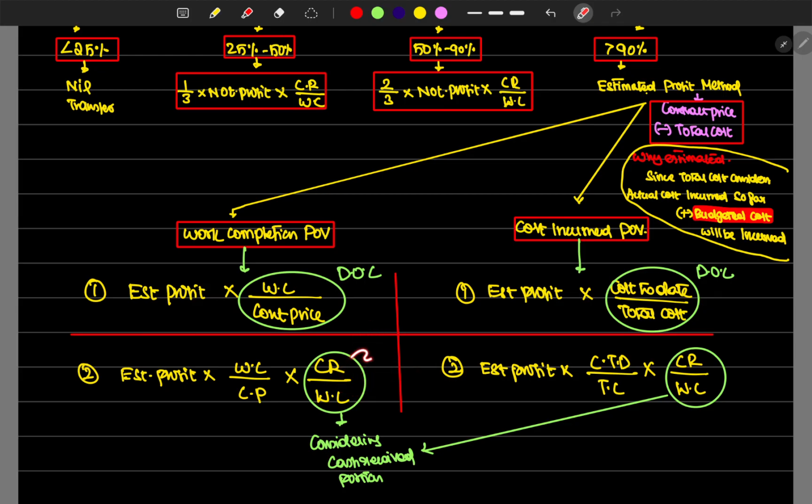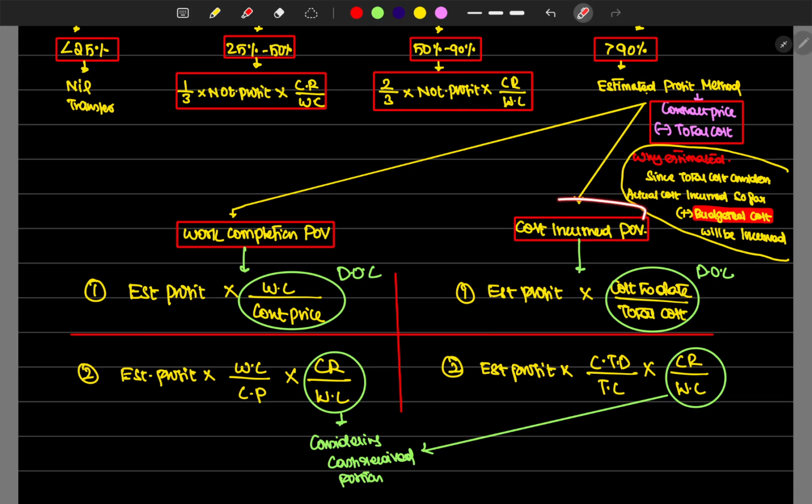That's most important, that we have to consider. This is the most fair and correct method of taking the profit to the P&L account. Work certified divided by contract price is the degree of completion, and considering the cash received portion is the most prudent method of taking the profit into P&L.